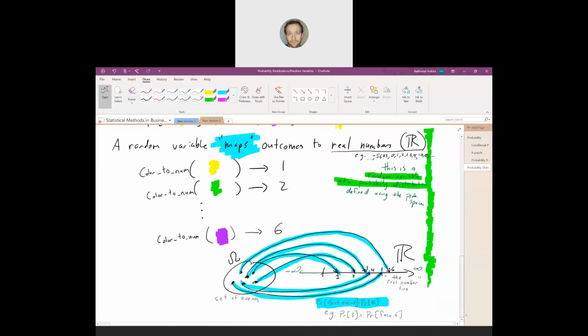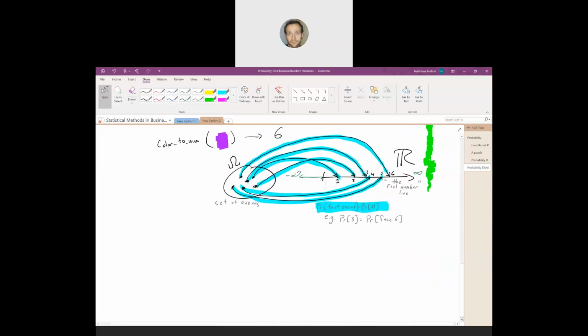All right, so that is how to understand what a random variable actually is, as well as a probability distribution. These are the same things. The reason why I like a probability distribution is, let me draw this a different way. This is another way to view this, sort of pictorially.